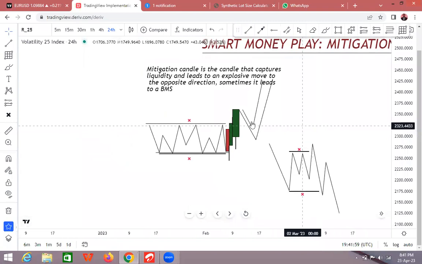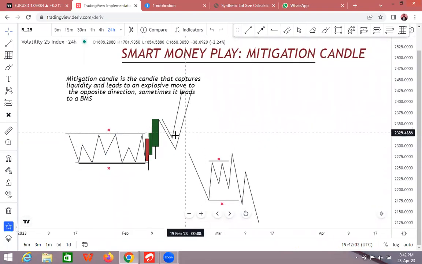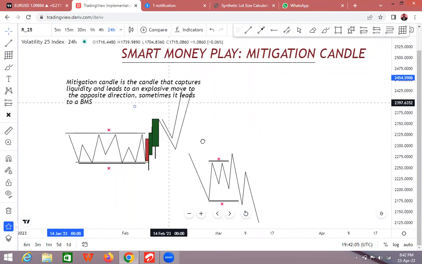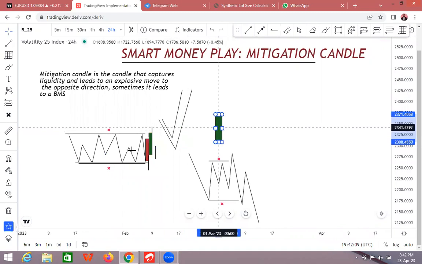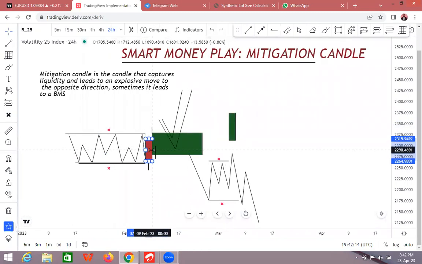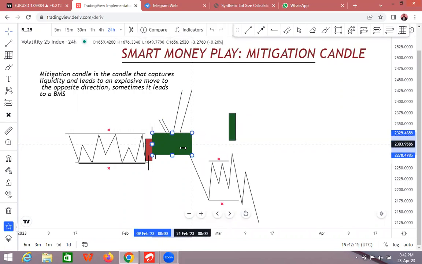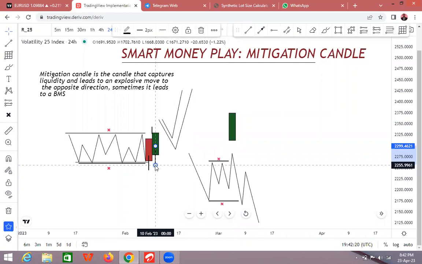So you have a bearish candle within this place. The candle comes, you see that sell candle where the volume is placed, and then it gives you the move in the opposite direction.